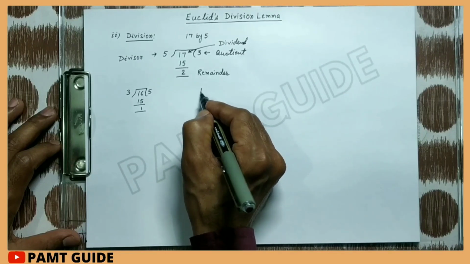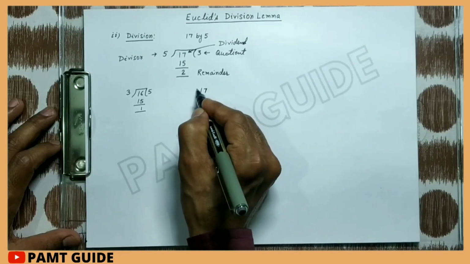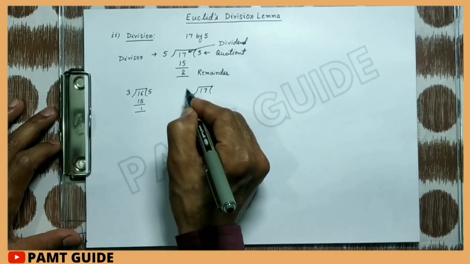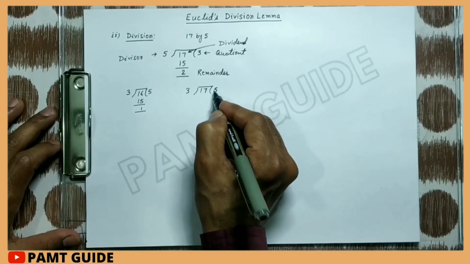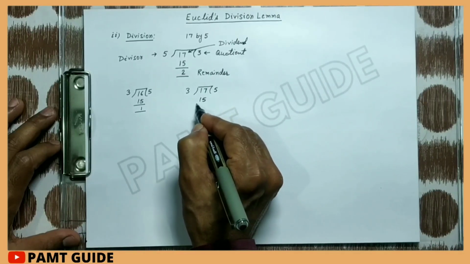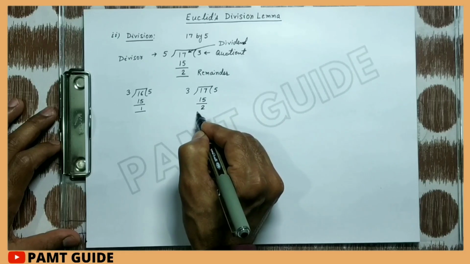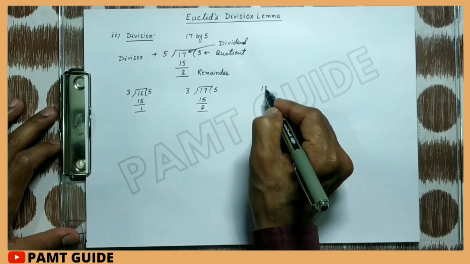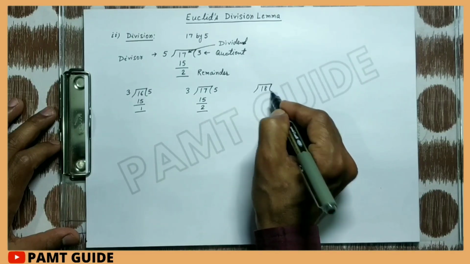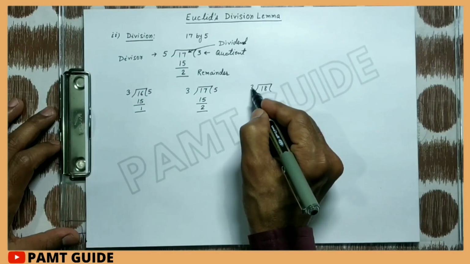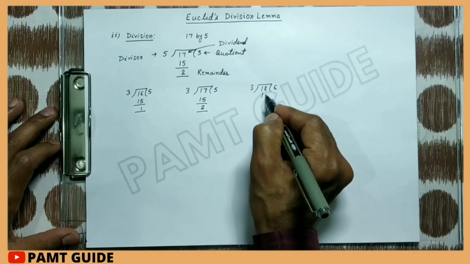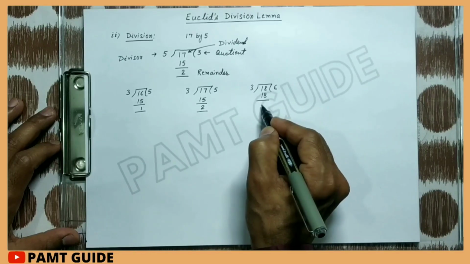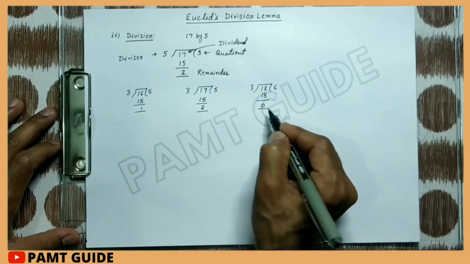And if we divide 17 by 3, then 3 fives are 15, and we have remainder 2. And if we divide 18 by 3, then 3 sixes are 18 and we have remainder 0.